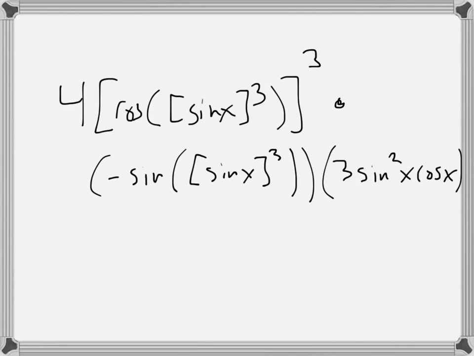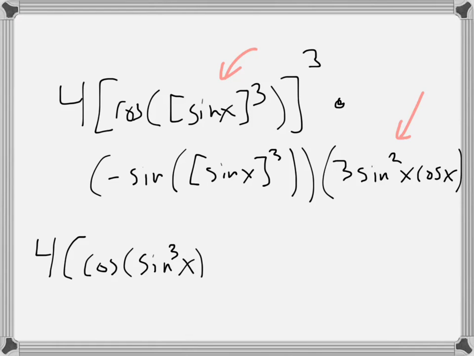So now this notation where I was trying to avoid writing things like sine squared x, just to make it clear what's inside and out, because I'm done with the problem, I can get rid of that notation. So the way the back of the book would have this written would be 4 cosine of sine cubed x, and then they would just put the big 3 here.